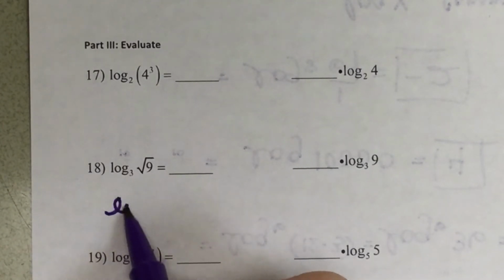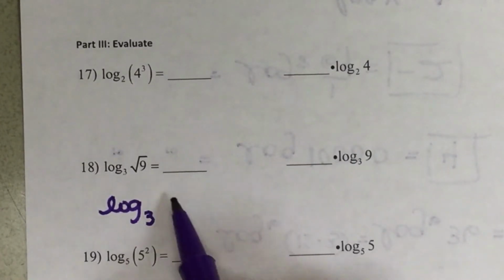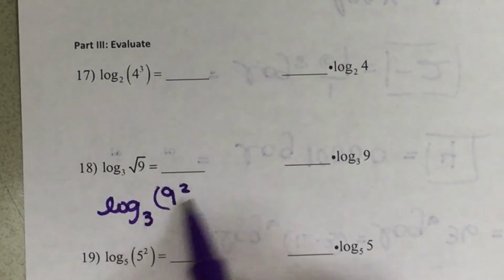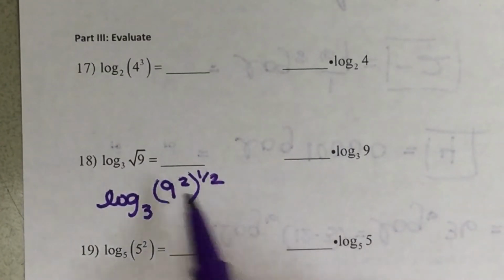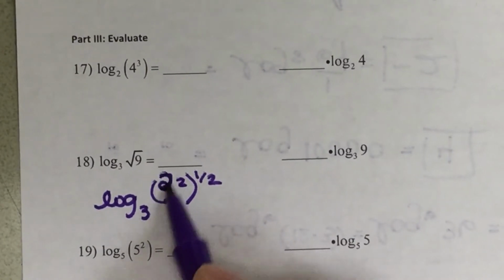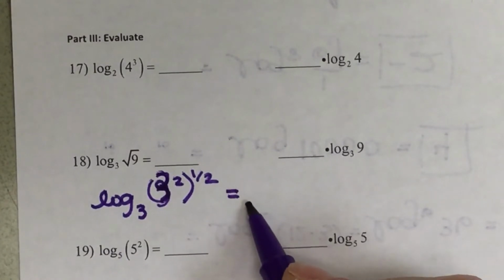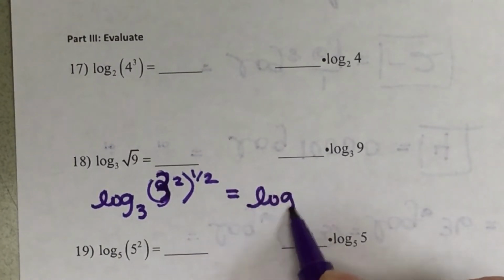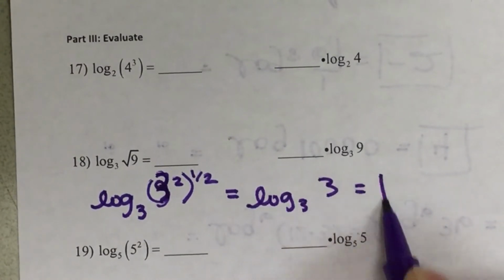So here I have log base 3 of 9 squared raised to the 1/2. Wait, pardon me. 3 squared raised to the 1/2. So this ends up giving us log base 3 of 3, which is going to equal 1.